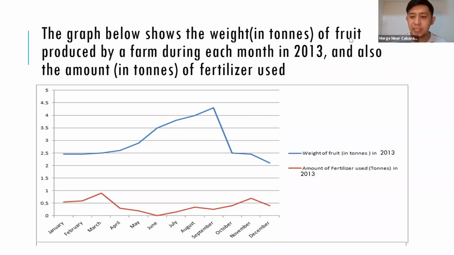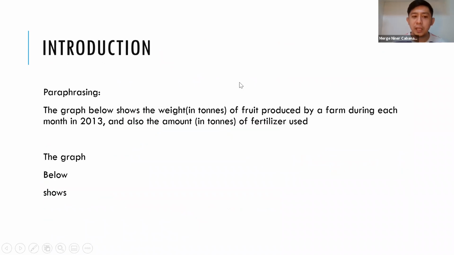When it comes to paraphrasing, we do not want to repeat the words from the task description in my introduction. If this is your task description, you have to come up with at least 4 to 6 new words. You will not just be using the same words that you see here, like the graph, shows, or fruit produced.